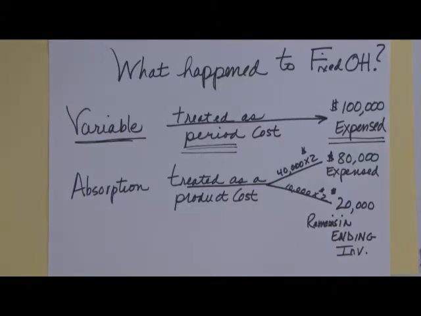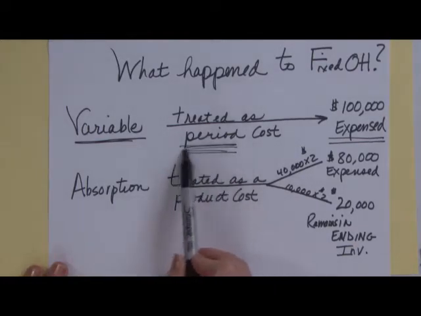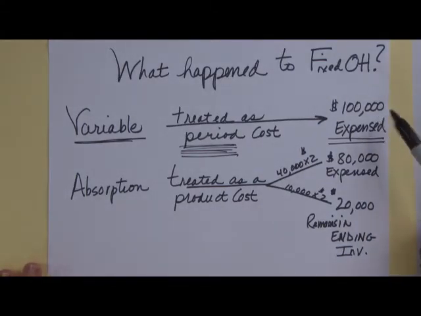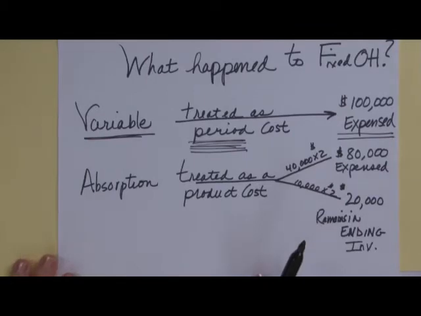And every period you would see $100,000 of fixed overhead being expensed, regardless of how sales and production relate. It would always be the same. It's a fixed cost. It's the same every period and would be treated as a period cost on the variable income statement each period.